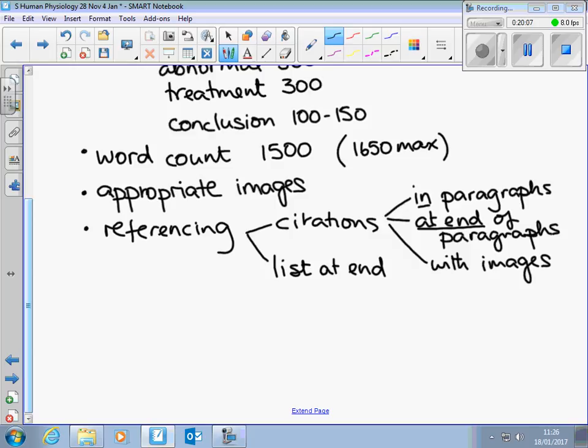NHS Choices is an organisation, so it's what we'd call a corporate author. But because you're doing it yourself, you're actually thinking about what you're doing. So, yes, I've got to spend a bit longer on referencing with them, I think.